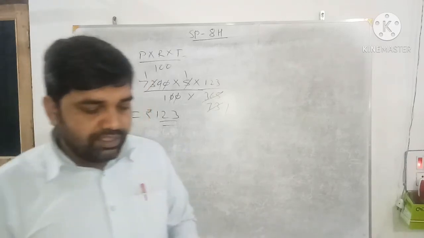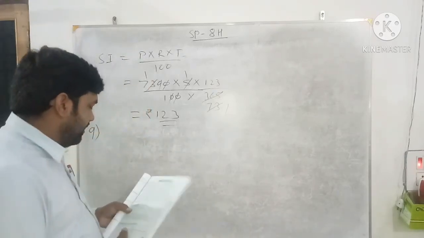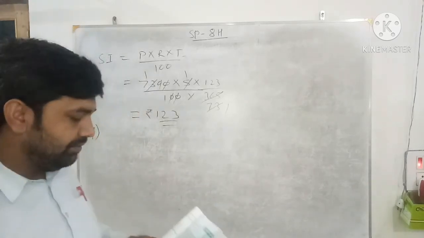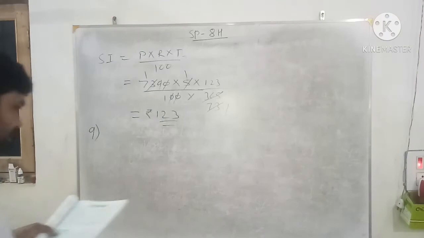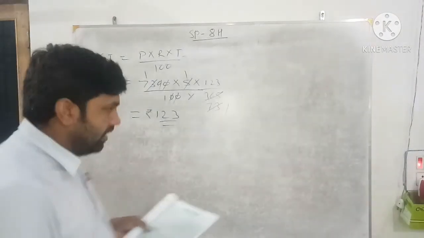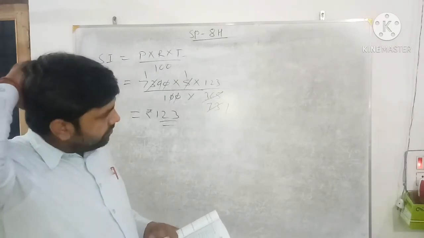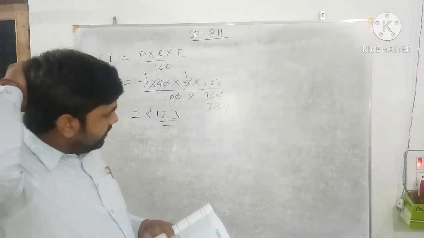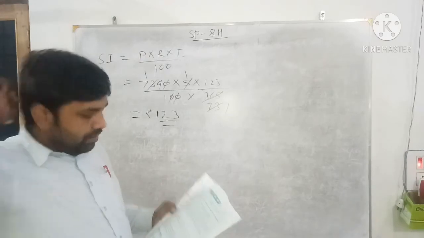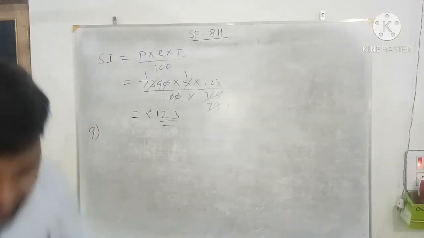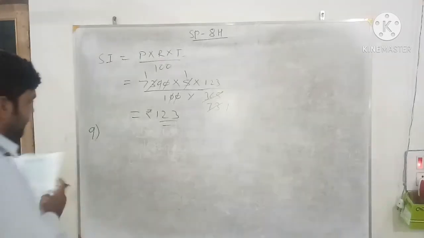In this question number 9, first you find the original rate, and after that you calculate the new amount, where the rate is increased by 2%. In the next case you will put the rate increased by 2%. So how do you find the rate?